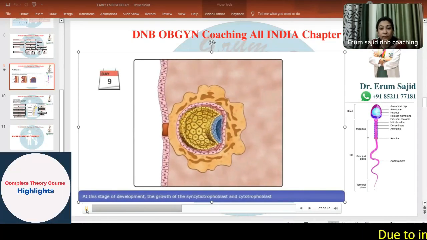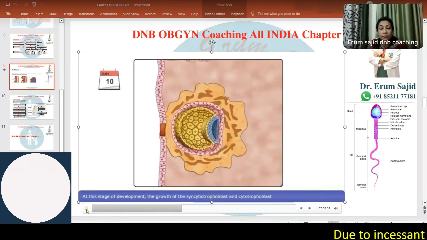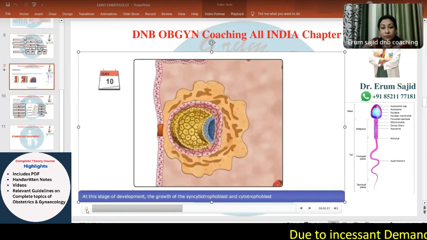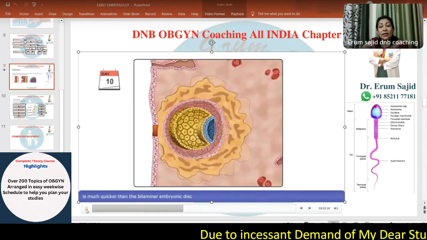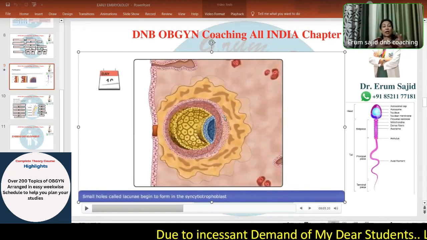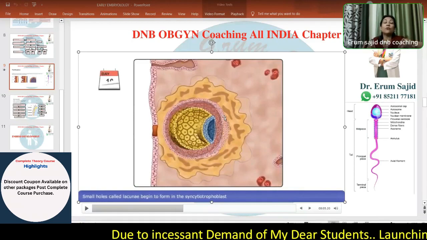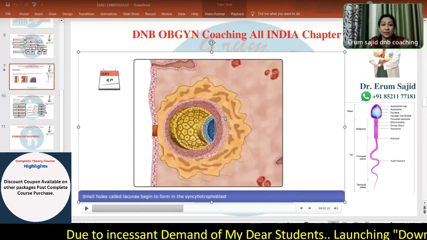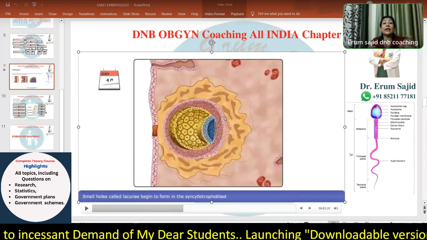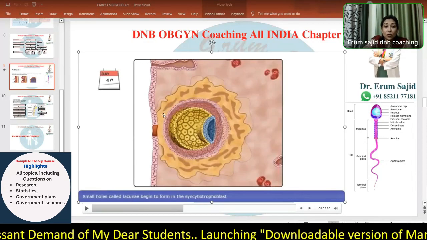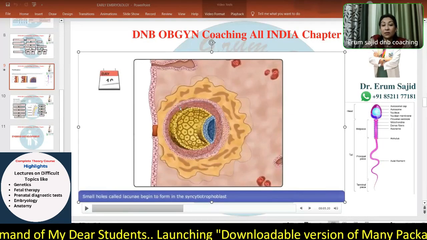At this stage of development, the growth of the syncytiotrophoblast and cytotrophoblast is much quicker than the bilaminar embryonic disc. Now what exactly is syncytiotrophoblast? A lot of mass of cells, which is being propagated inside by a lot of proteolytic enzymes being secreted by these cytotrophoblast, these pink colored cells.